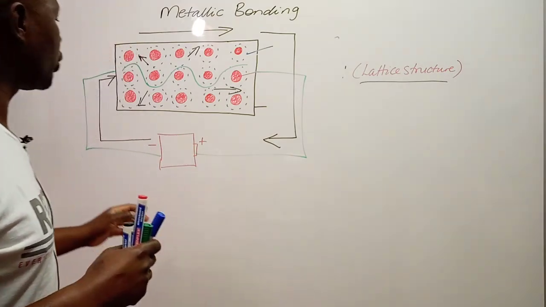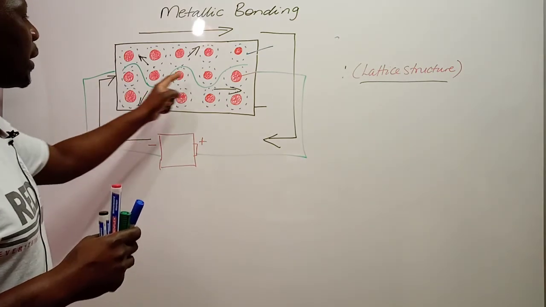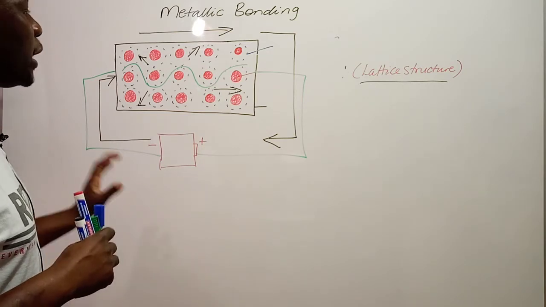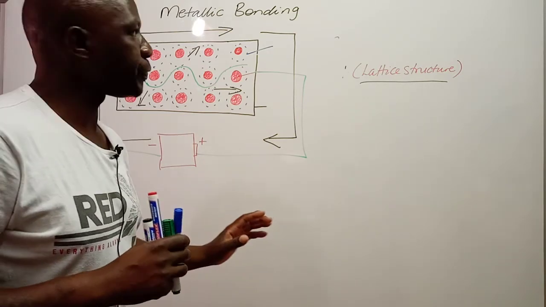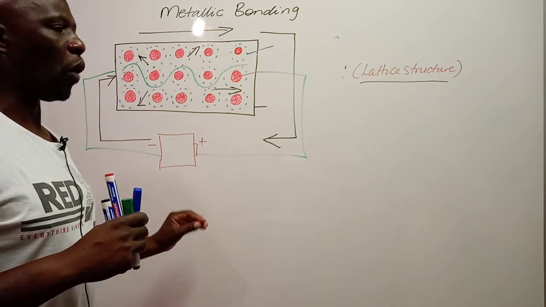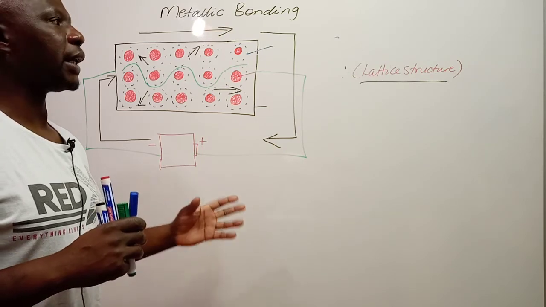So the electrons will start flowing from the negative to the positive of the battery. So based on this principle of metallic bonding, this is the reason why metals are able to conduct electricity.